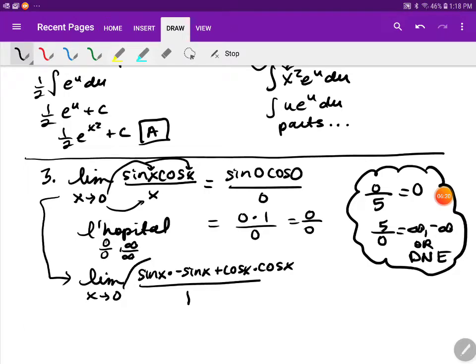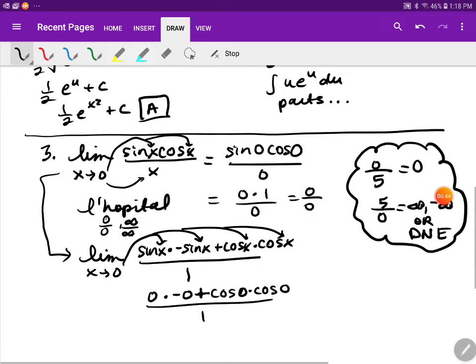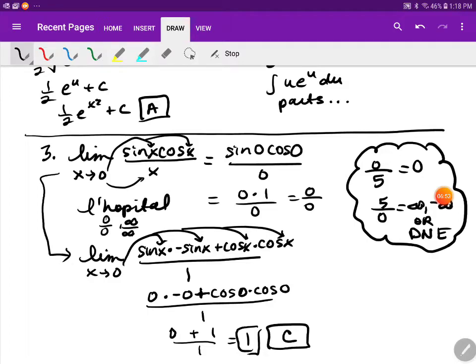And then you substitute the 0 back in. That's 0 times negative 0 plus cosine 0 times cosine 0, which is 1. That's 0 plus 1 over 1, which is 1, which is answer choice C.